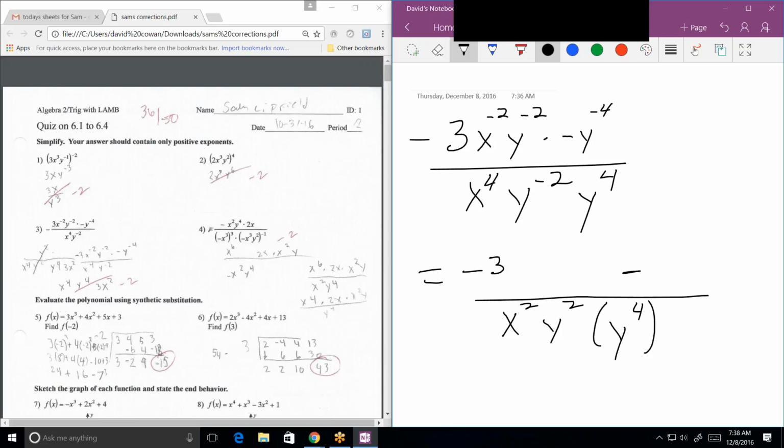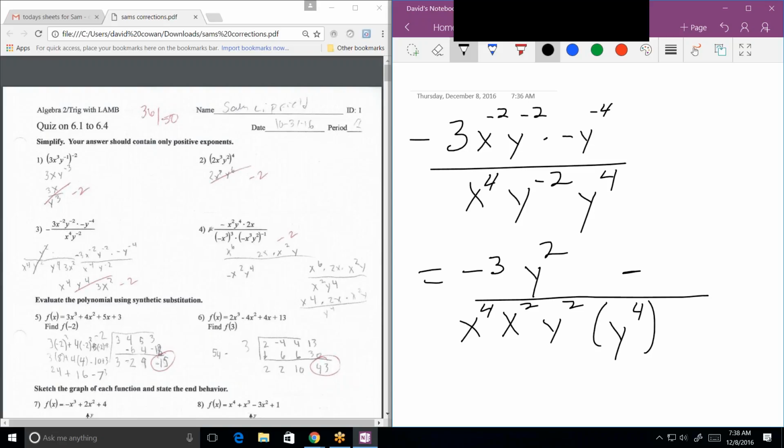Now, I've got this y to the minus 2 that I can move up like that. Isn't that what I have? I moved all 3 negative exponents to the bottom, and I had some positive exponents down there to begin with.